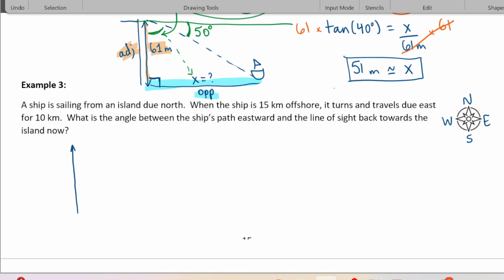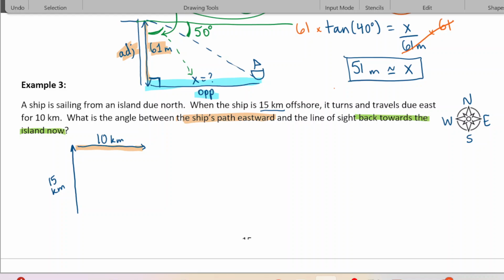So the ship is sailing north at the beginning. Let's start with that. So here's our ship. And then when it's 15 kilometers offshore, so I'm going to label that 15 kilometers, it turns and travels east, so towards the E direction, for 10 kilometers. And it says, what is the angle between the ship's path, east, so this is where I always like to highlight, and the line of sight back to the island.